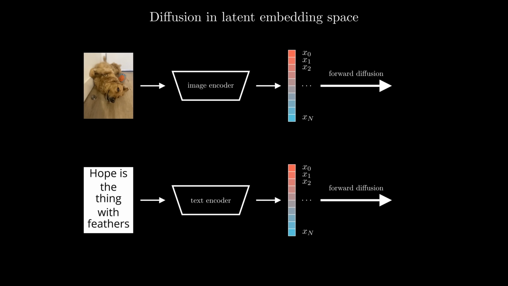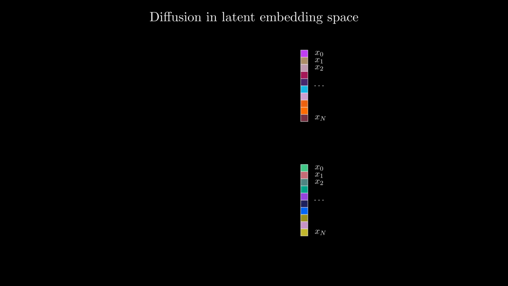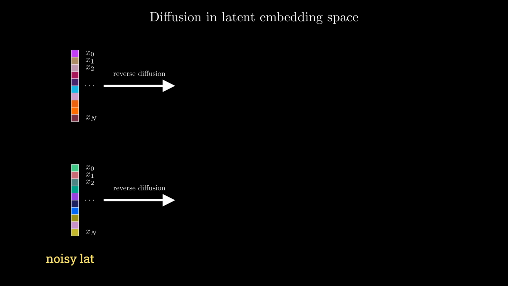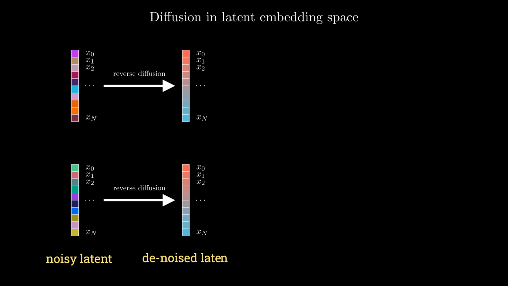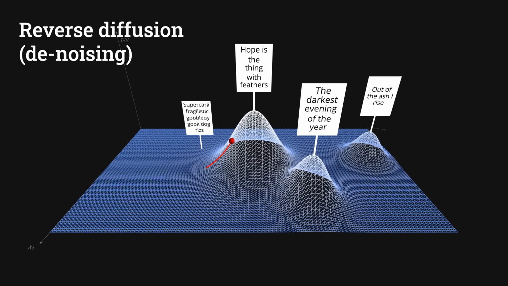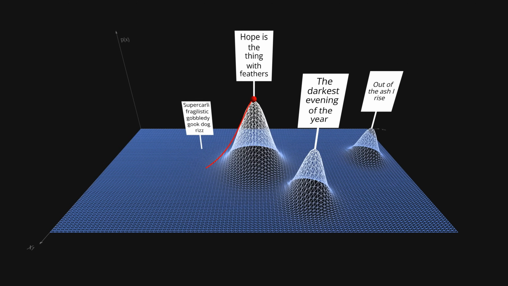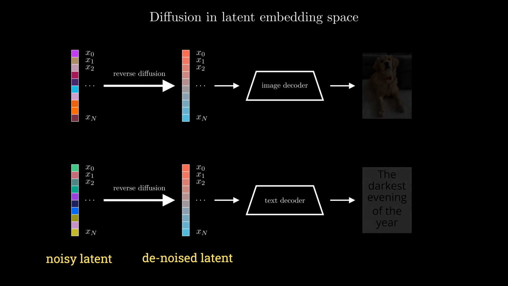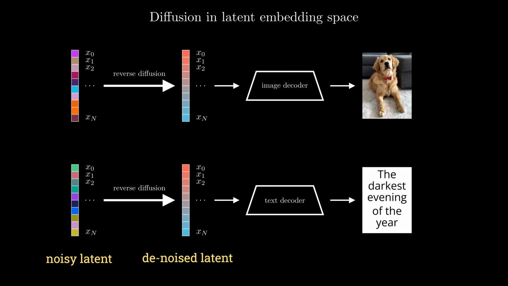When diffusion happens in latent space, we're not perturbing raw pixels or tokens directly, but rather embeddings. And during inference, we do the opposite. Starting from a noisy latent, we clean it up. This process is called reverse diffusion and is equivalent to moving the particle uphill. And finally, a decoder will translate the denoised latent back into the original space, be it pixels or tokens.